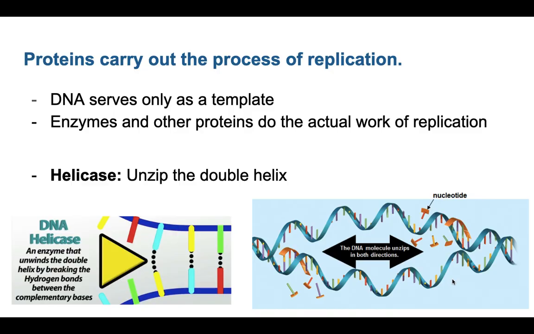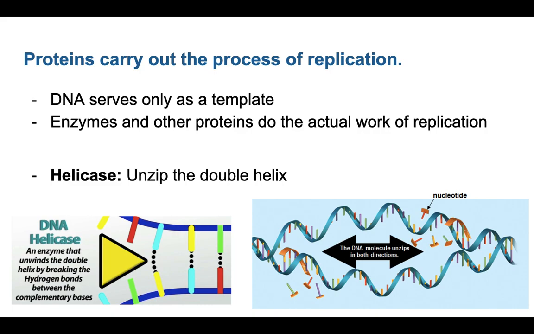All right, so remember that nothing goes on in our cell without the help of something, okay? And in this case, we have two very important enzymes. Obviously, there are more enzymes, but for our purposes, we want to focus on two very important enzymes that are going to help with the process of replication.